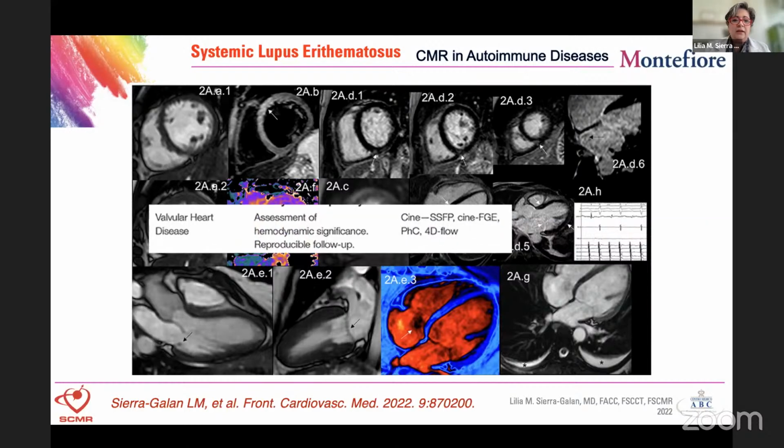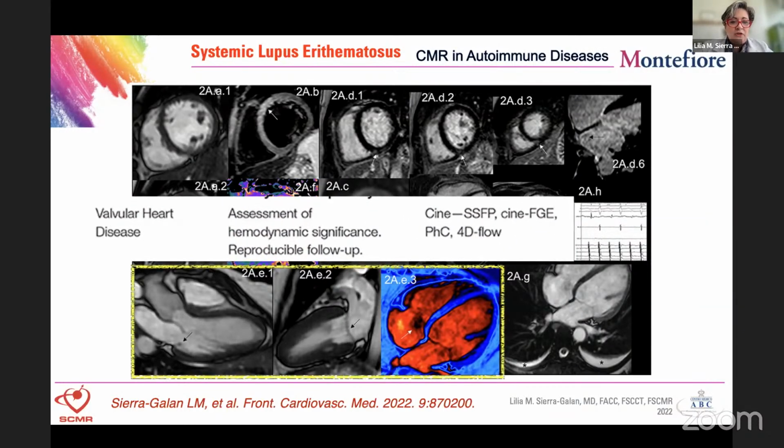And here, first, as I mentioned before, we are going to evaluate the valvular heart disease, which in lupus is very important. See how very tiny findings could be seen if we read carefully these cases.